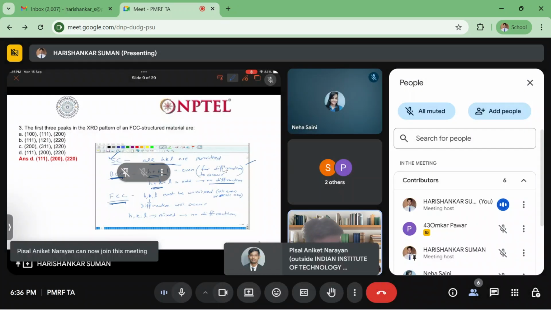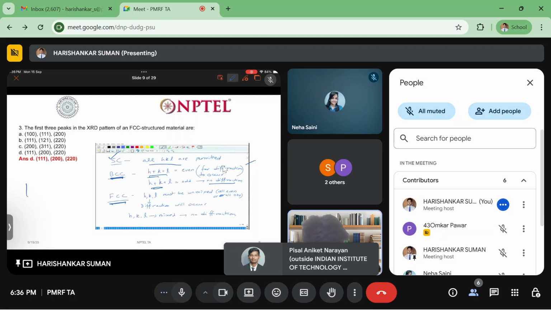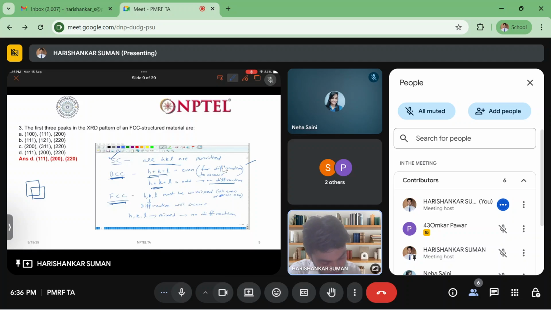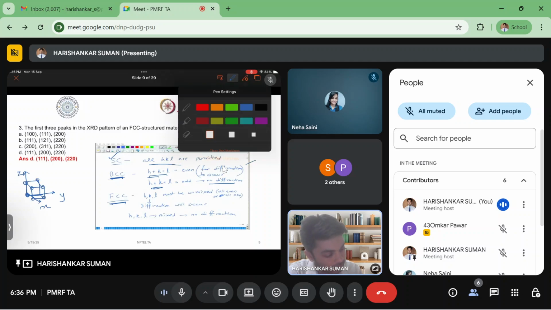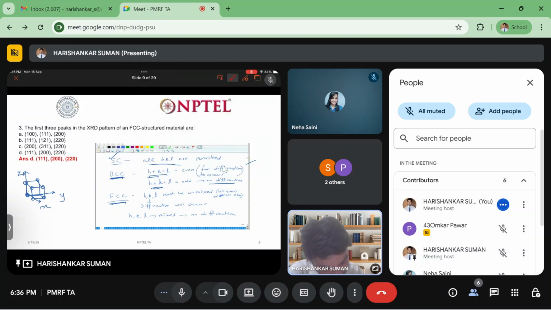How can you calculate this? Let me tell you the positions. Let's say these are the axes X, Y, Z. For the face-centered cubic, atoms are at the corners as well as at the face centers.